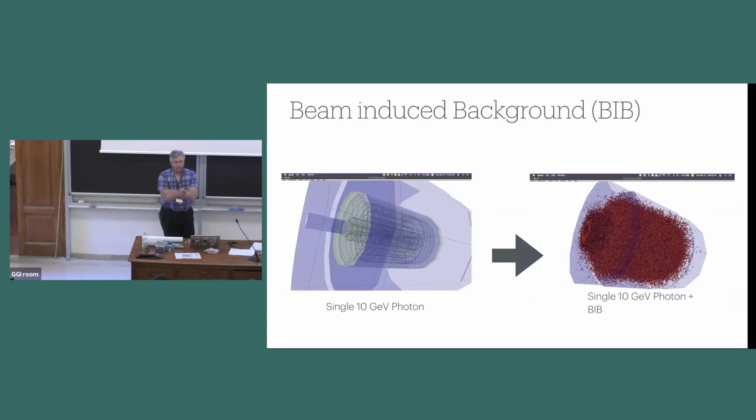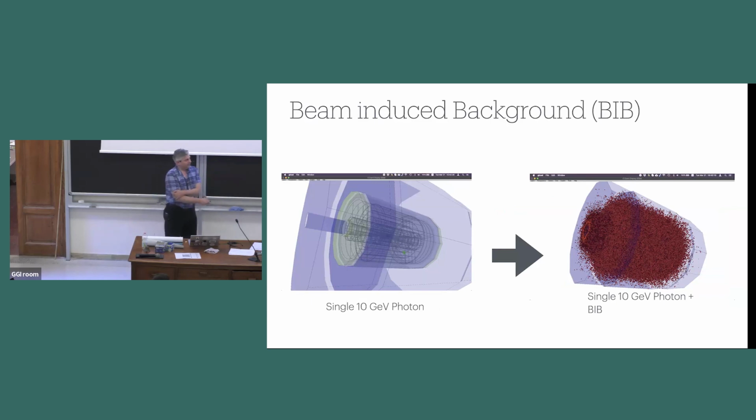So when we move on to discuss later the background particles, it's not only those particles from the hard interaction that we're interested in. This is the case of a single 10 GeV photon simulated. You see this nice, very small energy deposition in a very contained part of the detector.